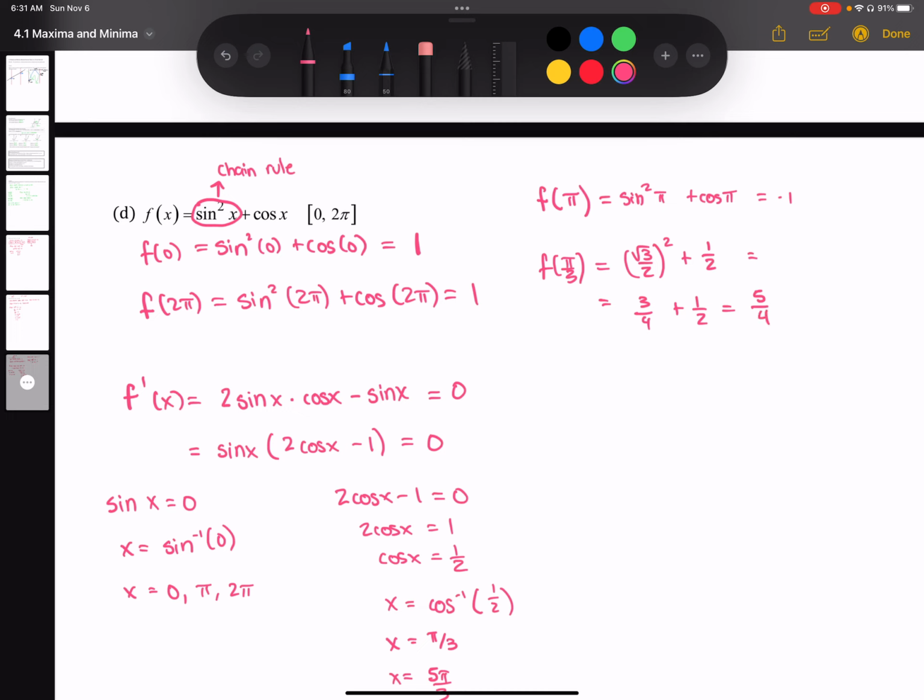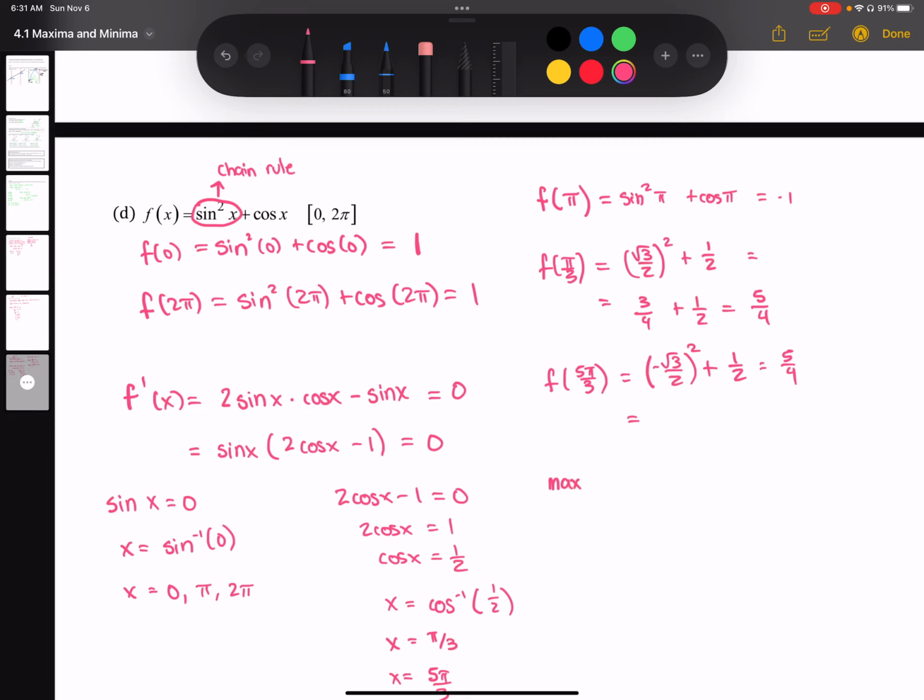5/4. And then f of 5 pi over 3 is, all right, so the sine in this case is negative square root 3 over 2, then squared, plus the cosine of 5 pi over 3, which is still 1/2. So we end up with 5/4 again because the negative is squared. So our maximum occurs in two places.